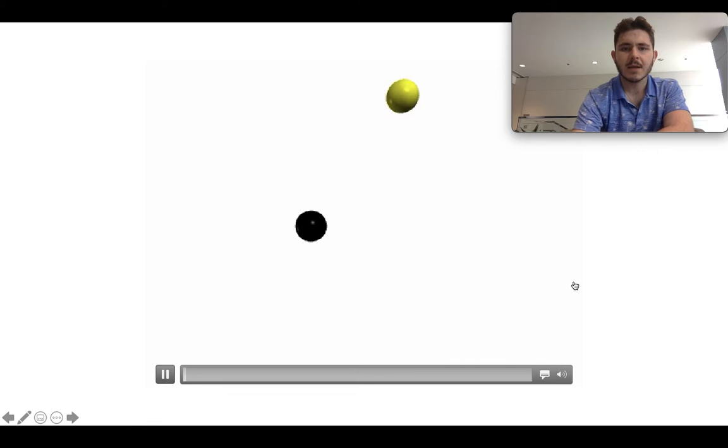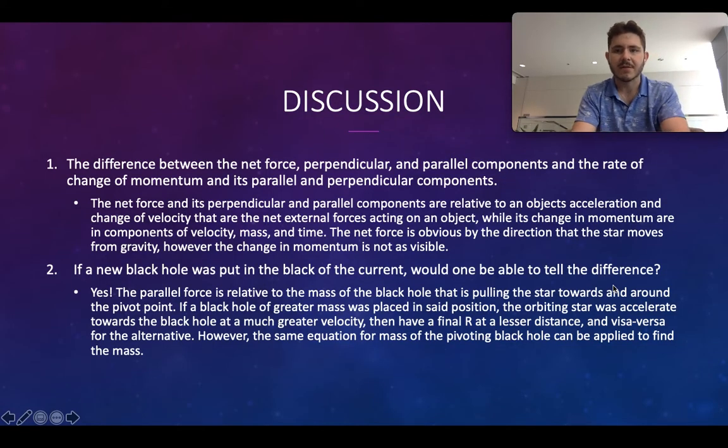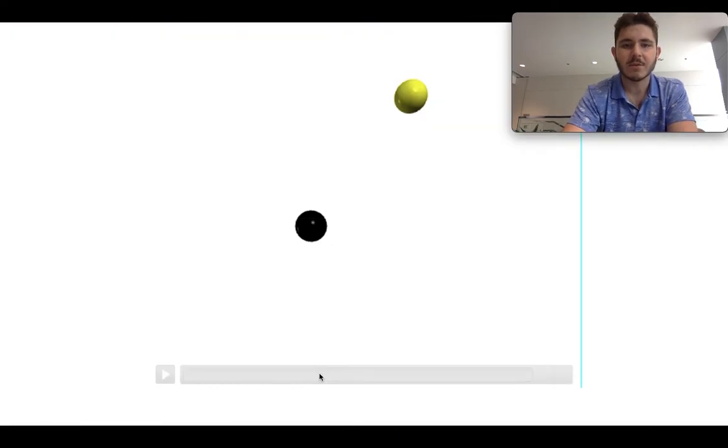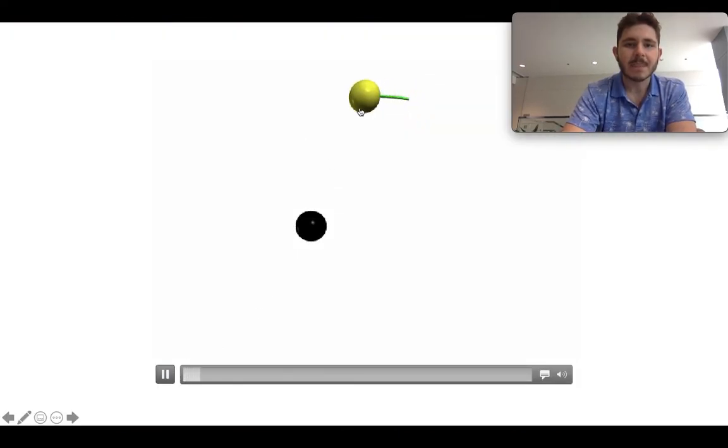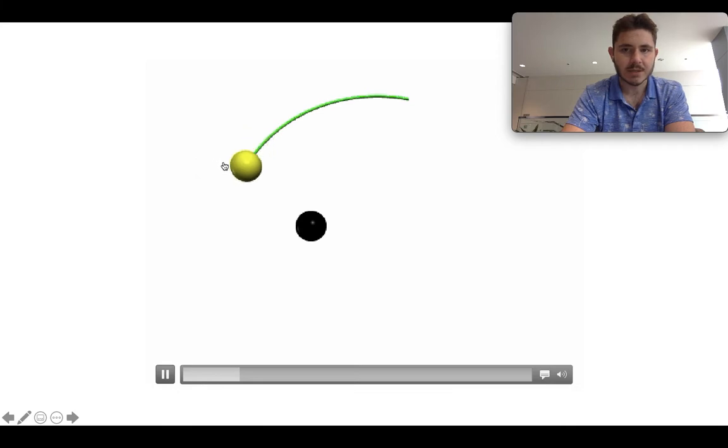And then, in order to understand how this applies to everything, the difference in net forces and its change in momentum are actually pretty easy to visualize. So F net we can see as it changes, but the change in momentum we can't. If we go back to this animation, F net is this direction of acceleration.